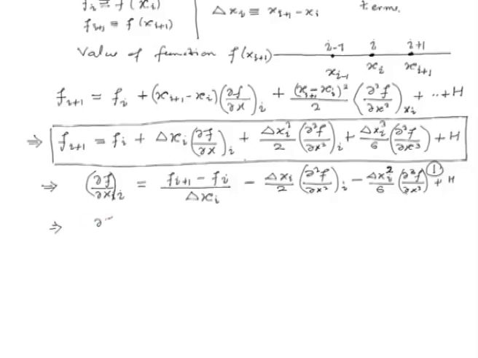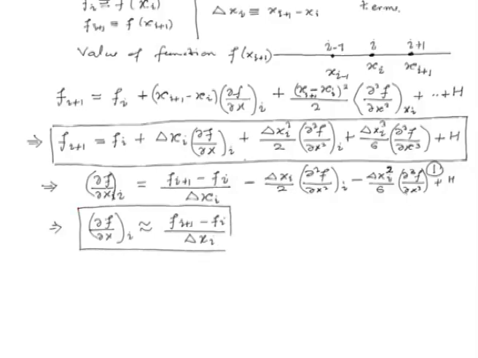So, we can write an approximation for first order derivative at node i as f of i plus 1 minus f_i divided by delta x_i, and the remaining terms become what we call as our truncation error.